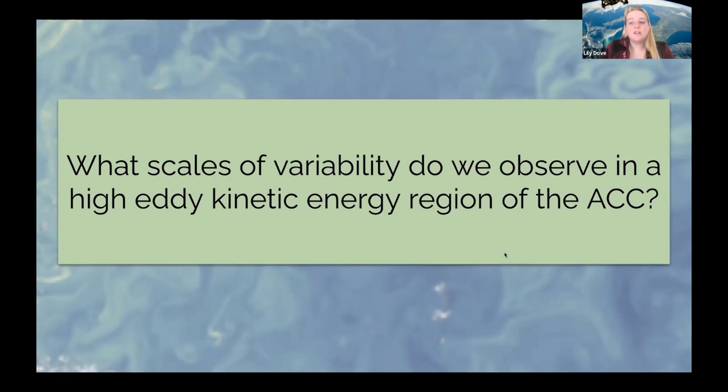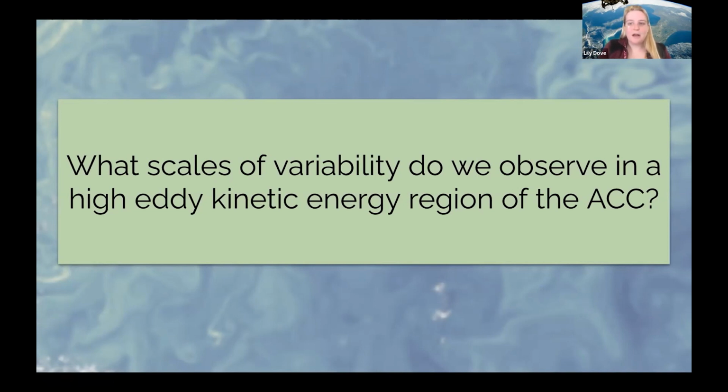And the Southern Ocean is kind of divided into high energy regions and low energy regions. Of course, that's also a spectrum, but these high energy regions are a result of interactions with topography at the seafloor, which eventually lead to highly energetic stirring at the surface.